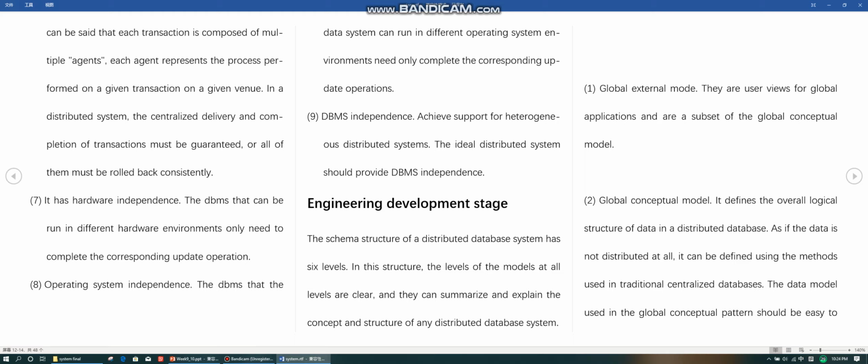And for the engineering development stage, the schema structure of a distributed database system has 6 levels. In this structure, the levels of the models at all levels are clear, and they can summarize and explain the concept and structure of any distributed database system.